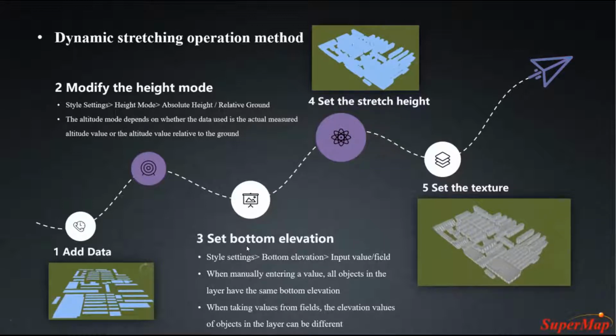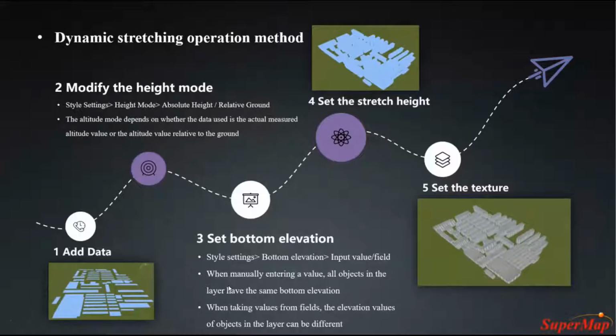Okay, and the third step is to set the value of the bottom elevation. That is in the style settings, and this is to change its name. It's a lift altitude, and to select the field that we have added in our data.